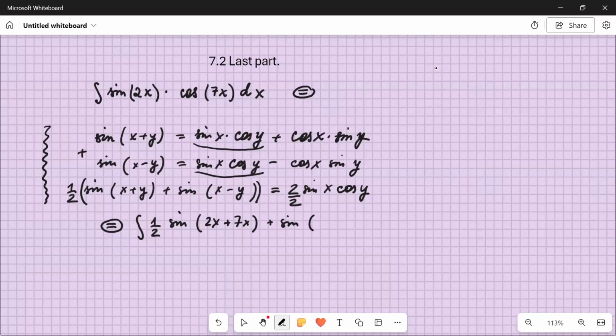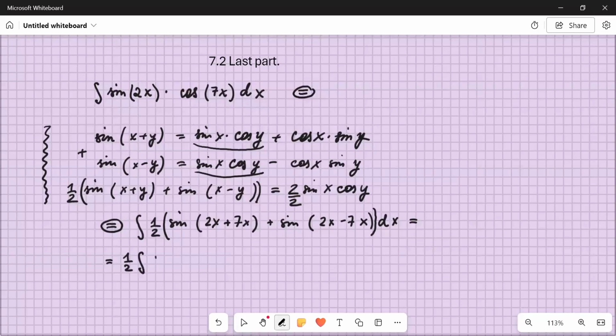Again, the argument of sine is 2x minus 7x, and over here dx. Well, 1/2 is going to appear in front of the whole expression because I was dividing everything by 2. And now I'm just going to simplify this expression a little bit, putting 1 half in front.